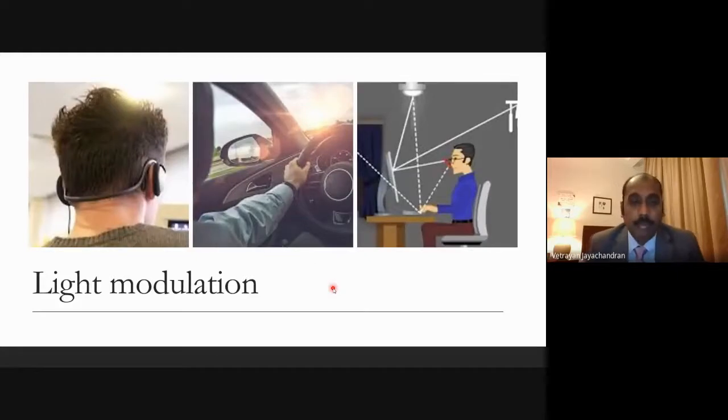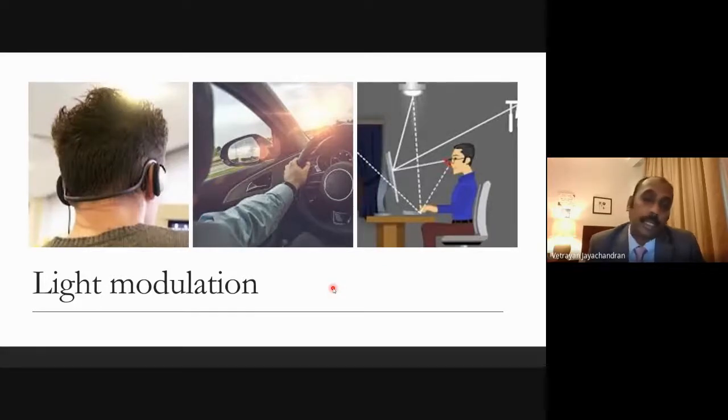So next is light modulation. Our environment will be fully covered with lights, and we need to see whether the patient's environment has appropriate light. If the person's environment doesn't have appropriate light, definitely it will affect their daily life activities. So it is mandatory for an occupational therapist to assess the light in the environment to check how much luminance is present in that particular working area.